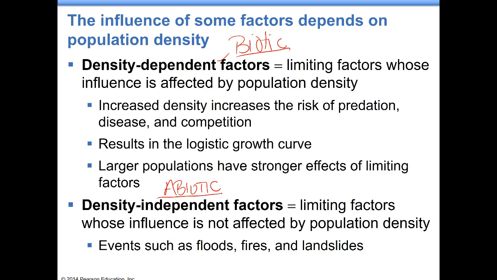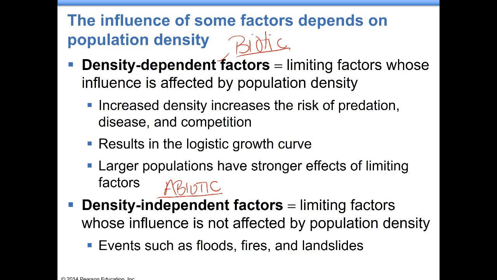When they deplete their food source, starvation will set in, they'll be susceptible to disease, and the population will go down. What also happens is competition. They're competing for that food source, so that is going to increase.